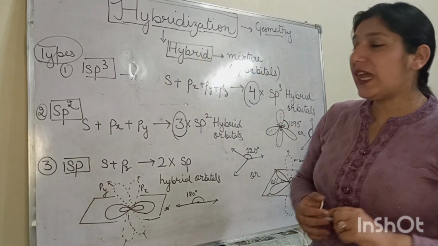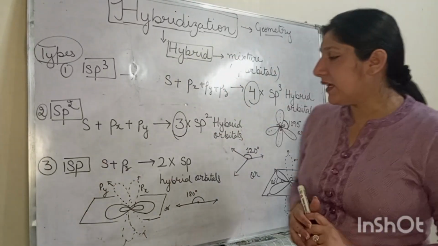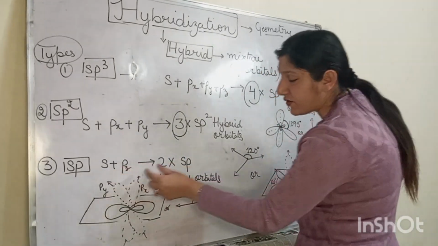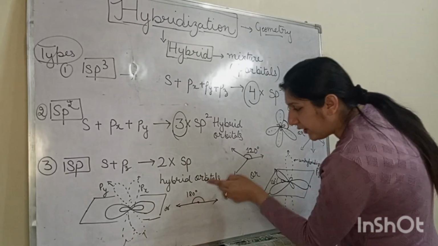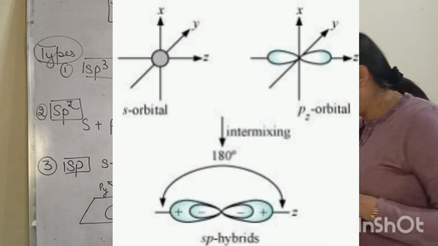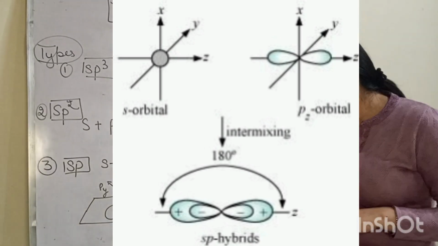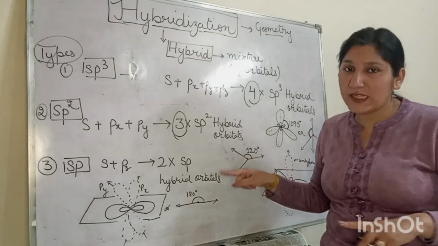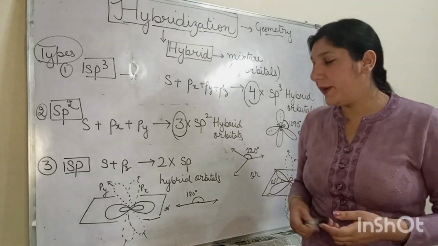Moving on to sp hybridization. In sp hybridization, one s orbital and one p orbital combine to form two sp hybrid orbitals, and these two orbitals are aligned in such a way that they form a straight line, or you can say 180 degree is the angle of inclination of these two new orbitals.